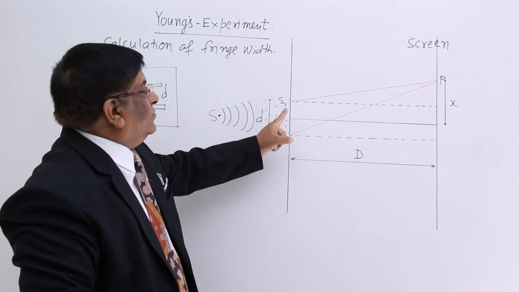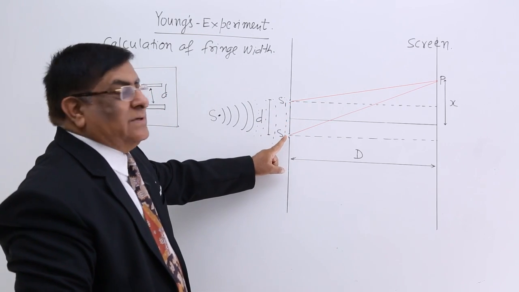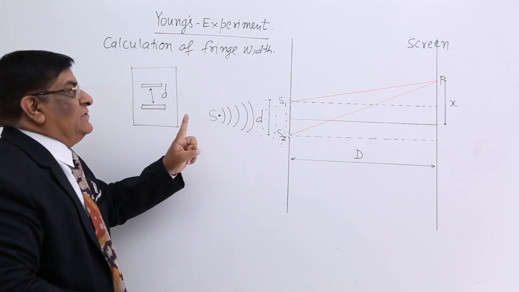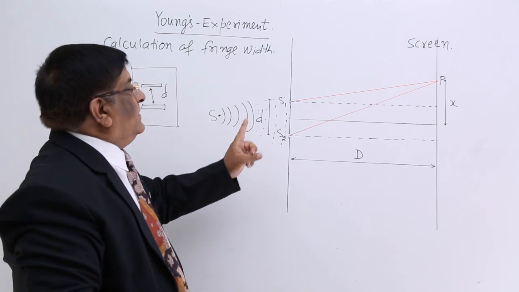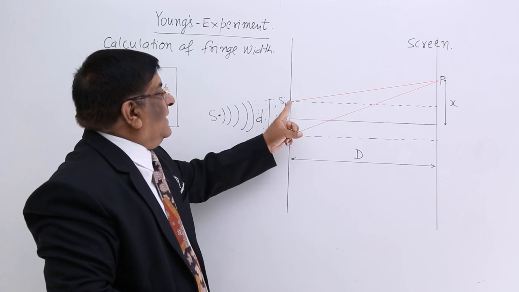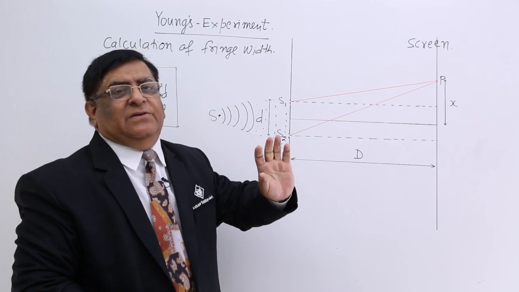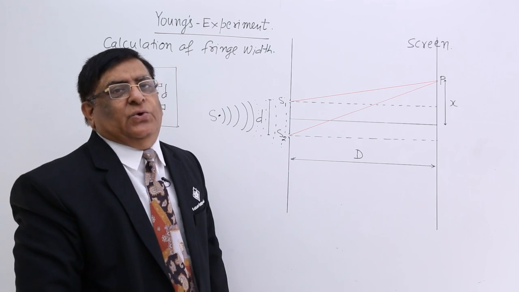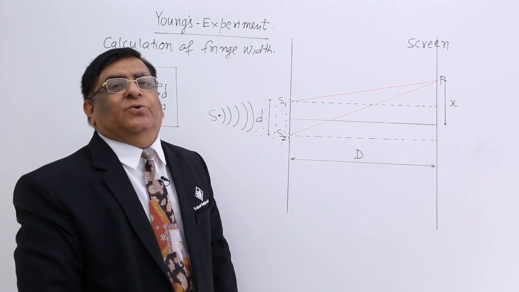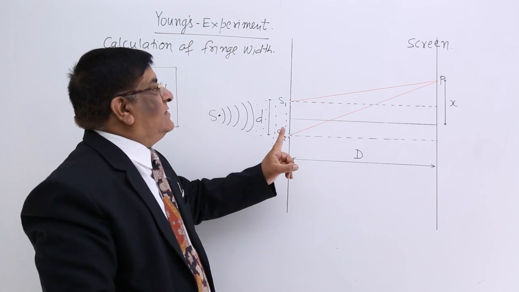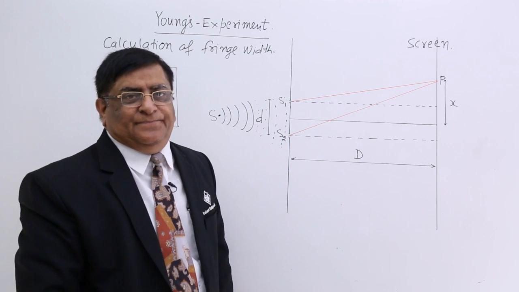So these two secondary sources are made by the wave fronts of this primary source. The waves generated by them will have similar frequency, wavelength and speed. So we say they are coherent. These two sources give coherent light.